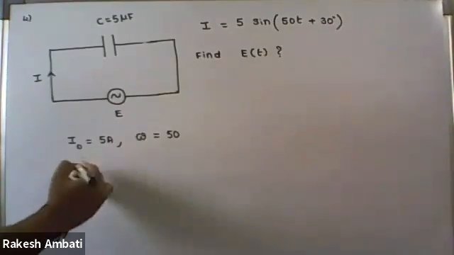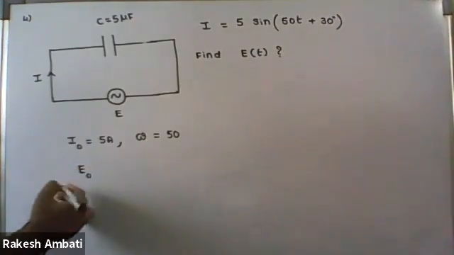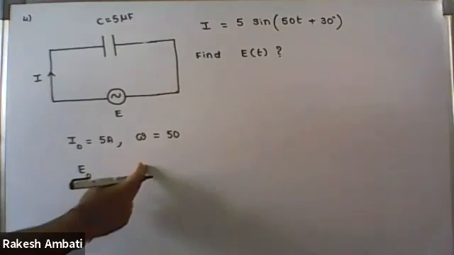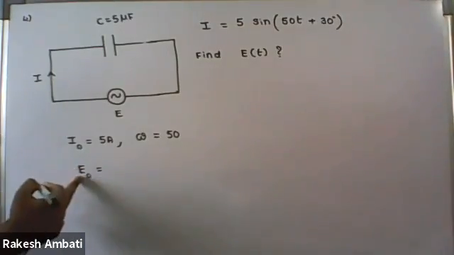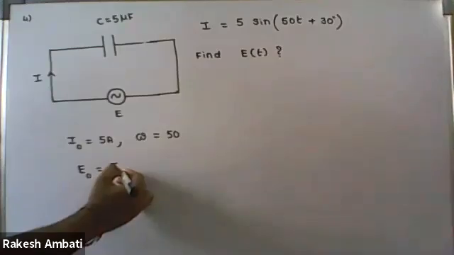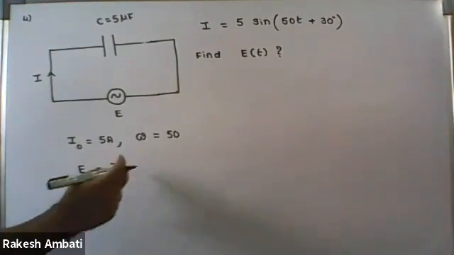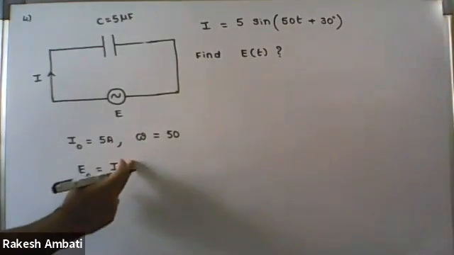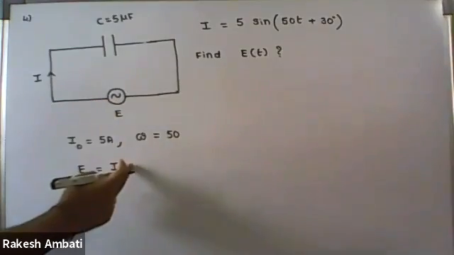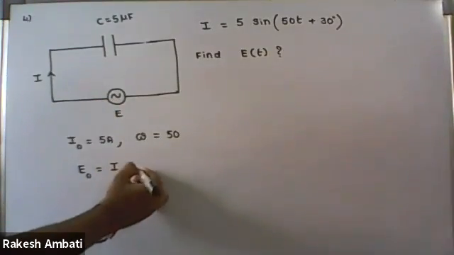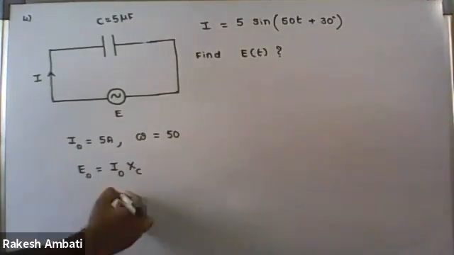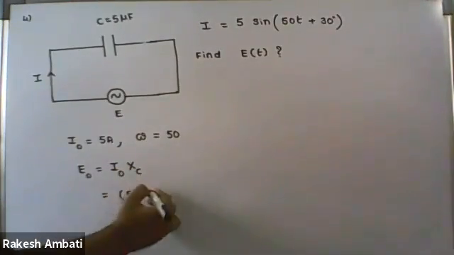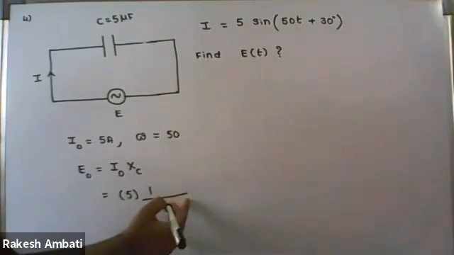From Ohm's law, how do we find E naught? V equals I into R. We are finding the maximum value of EMF, so we use the maximum value of current. In the place of resistance, what do we take? XC, correct? So I naught is 5 amperes, and XC is 1 upon C omega.